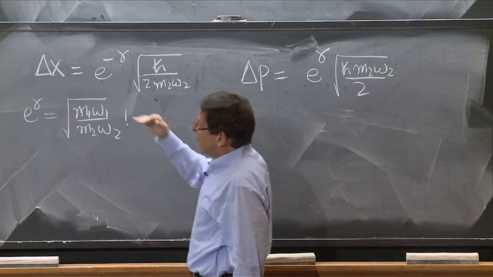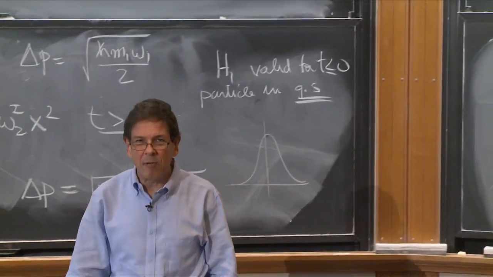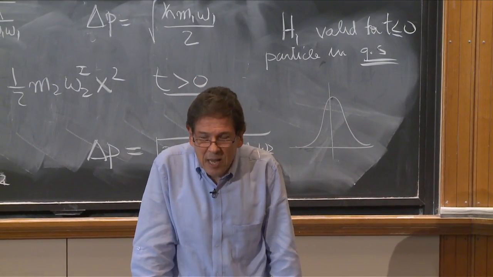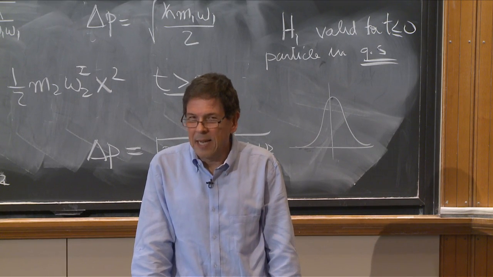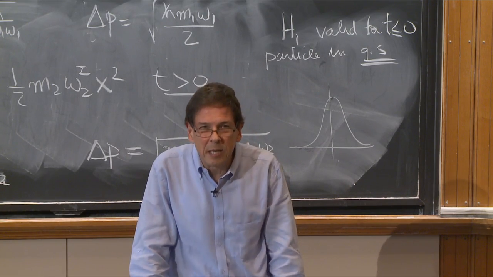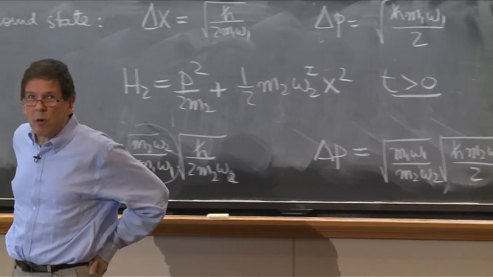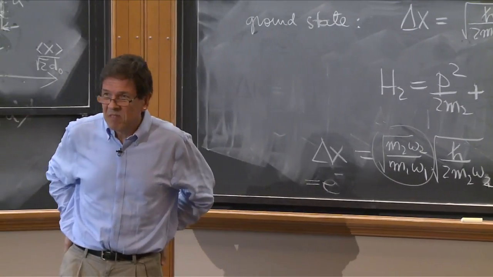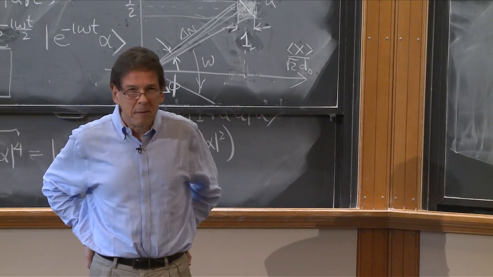So from the viewpoint of the second Hamiltonian, the ground state of the first Hamiltonian is a squeezed state. It's a state whose uncertainties have been squeezed. And those states exist, and the purpose of what we're going to do now is try to determine them, find them, see what they are, how they behave.